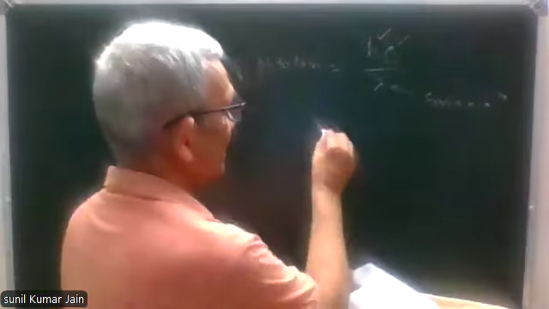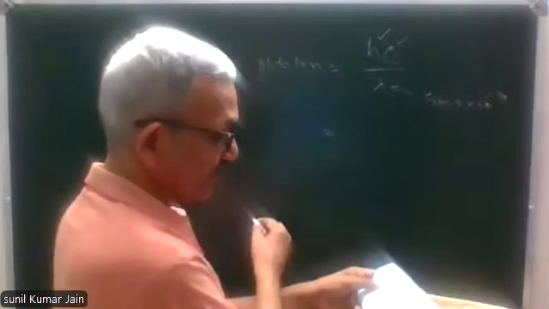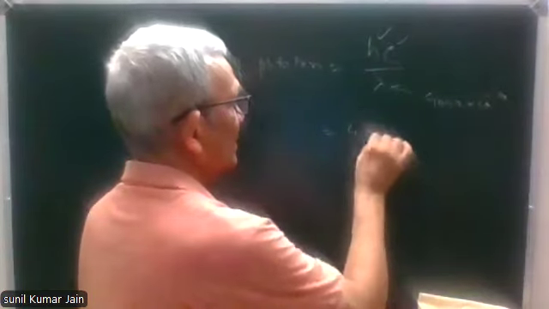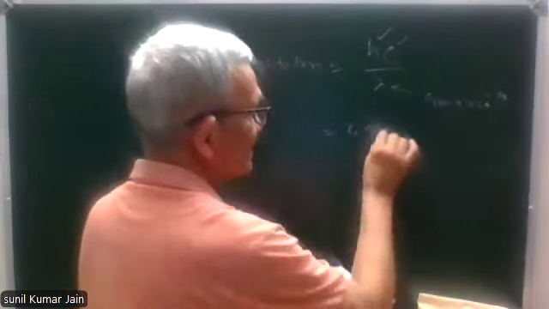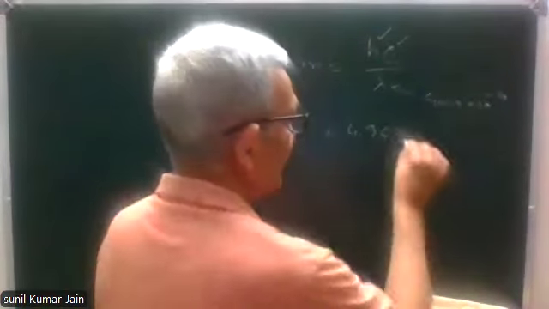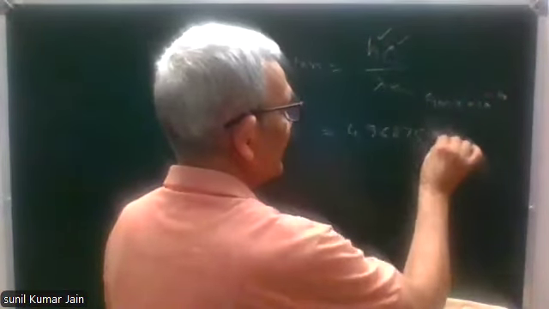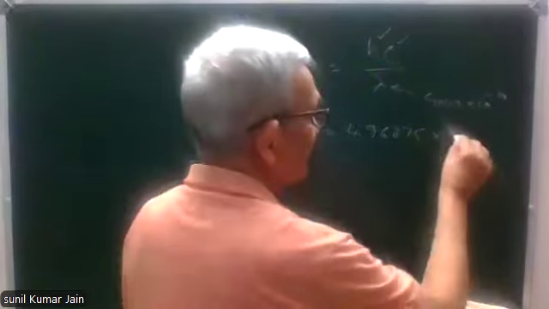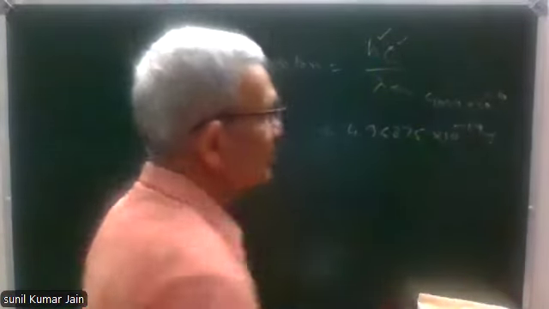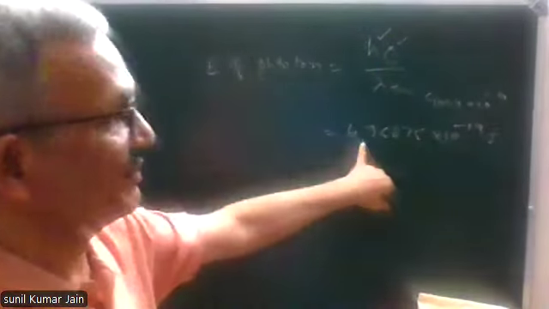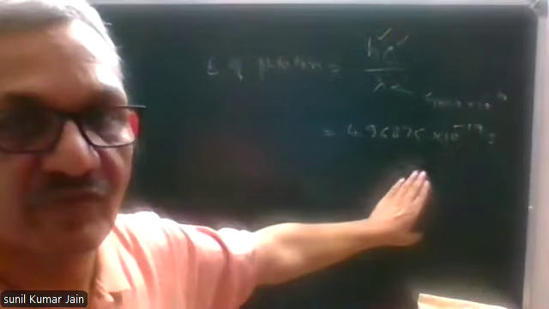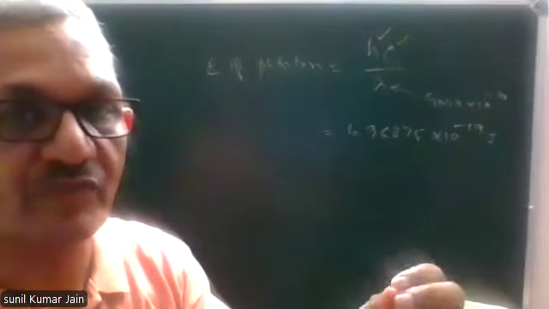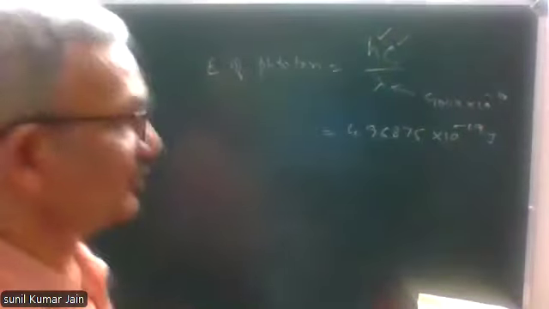Energy of one photon will come out to 4.96875 into 10 to the power minus 19 joule. So energy of photon will be this much. Now divide 1 joule by the energy of one photon. That will be the total number of photons which will carry 1 joule of energy.